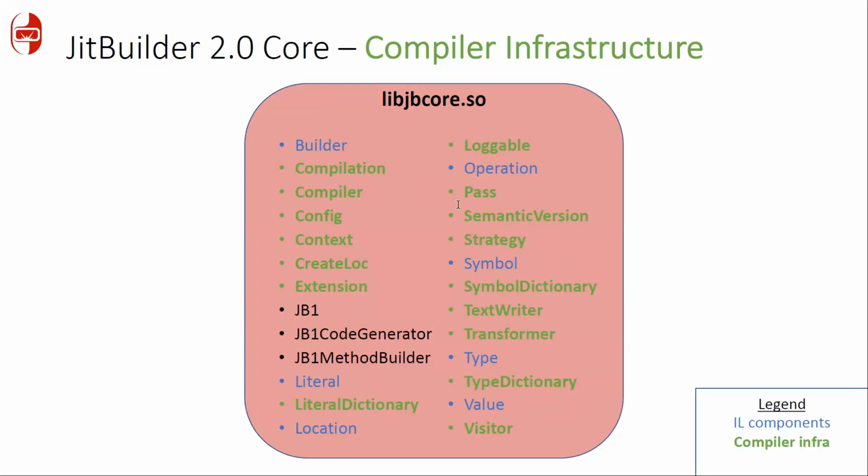And then other more basic things like config for specifying configuration data, creation locations, which you'll learn a little bit about later in this talk. And again, the more fundamental things of compiler and extension, which I'm going to go through in more detail in this talk, so I'm not going to talk too much about them right now.